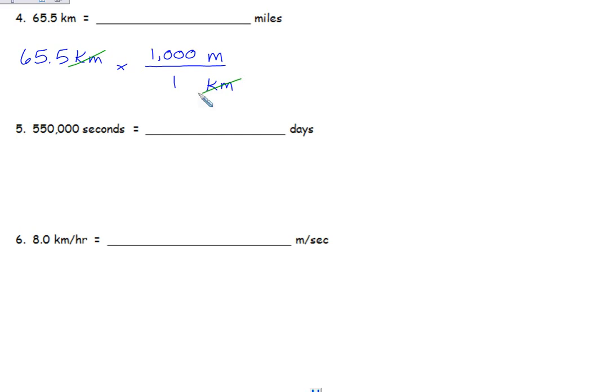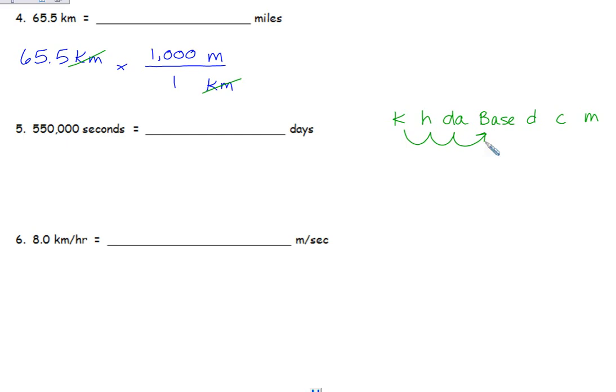Or you could just flip the decimal. I always remember the order of my metric prefixes. Kilo, hecto, deca. Then comes the base. Deci, centi, milli. So I'm at kilo. I want to go to meter. 1, 2, 3. I'm going to move the decimal spot 3 places to the right, which is really the same thing as multiplying by 1,000.